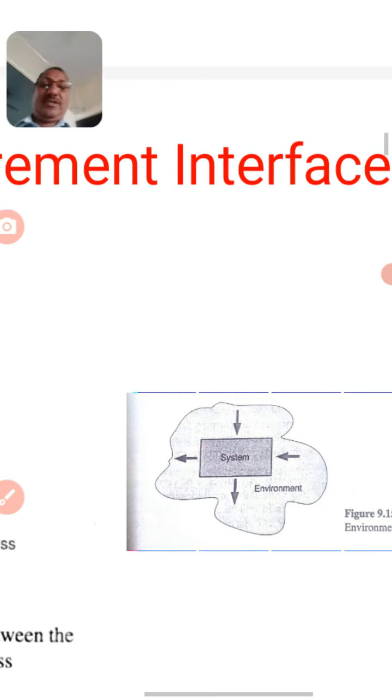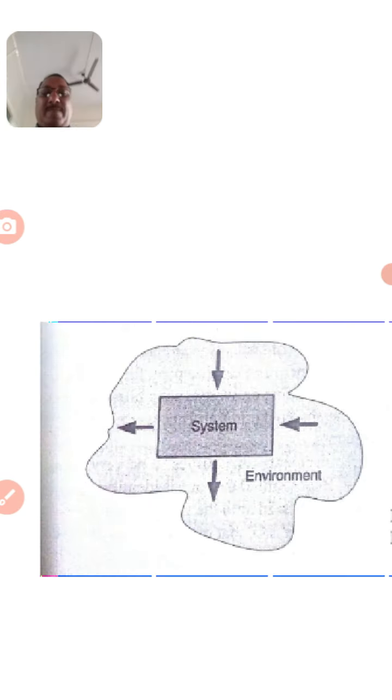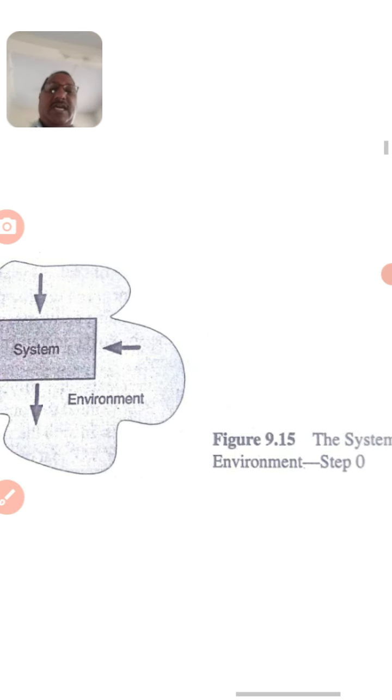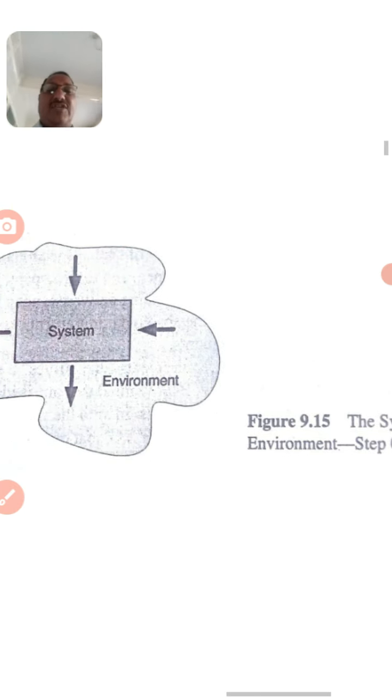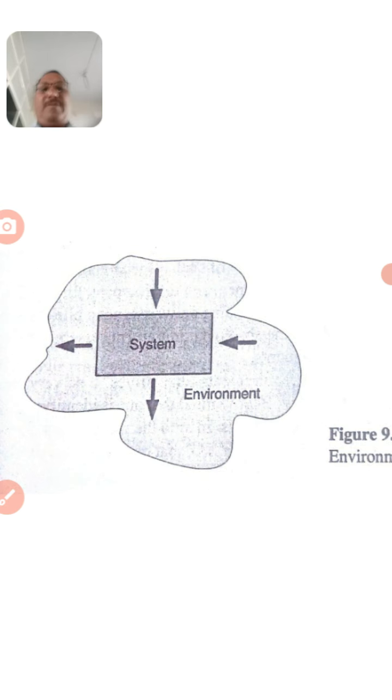This figure shows the system and its environment. Impact of the environment on the system means whether it is operating at room temperature, or in a pressure area, or in a noise area, whether there will be pressure from the upper side, lower side, or any other side, whether it is operating in a vibration mode or not.